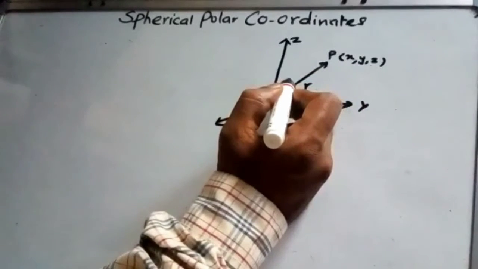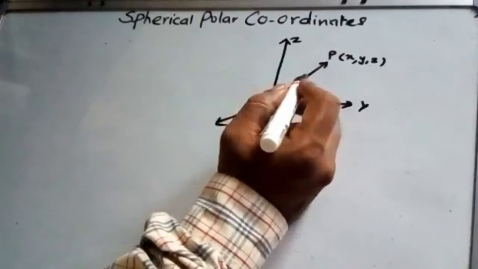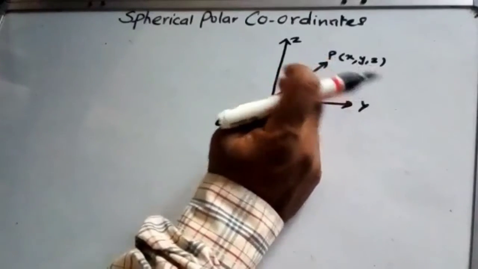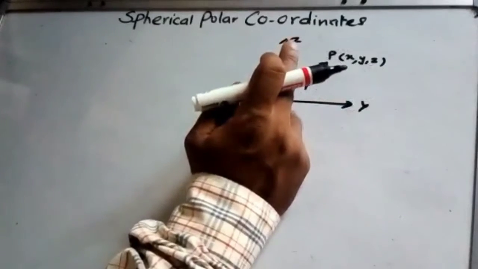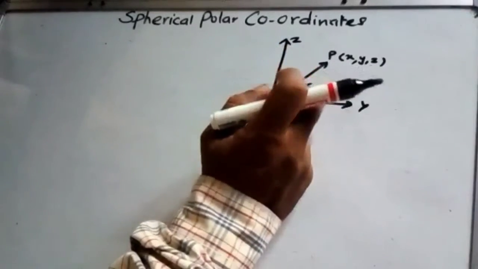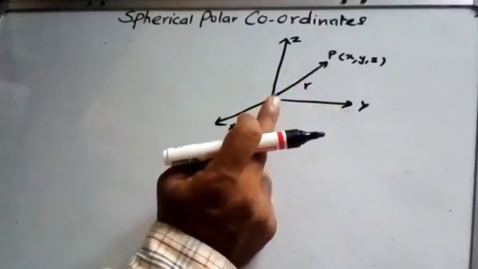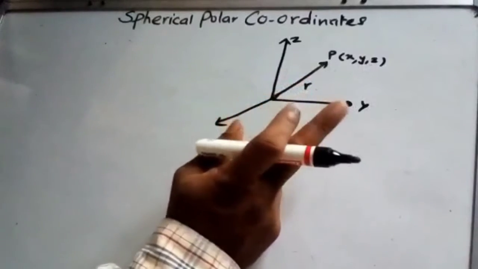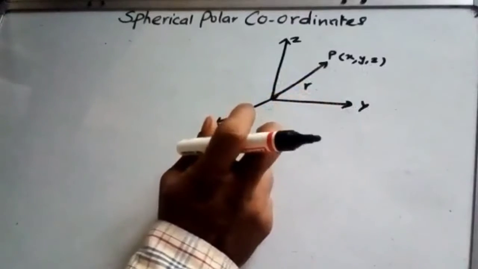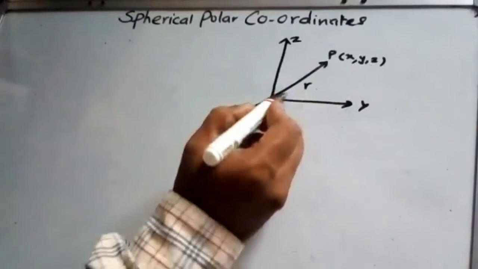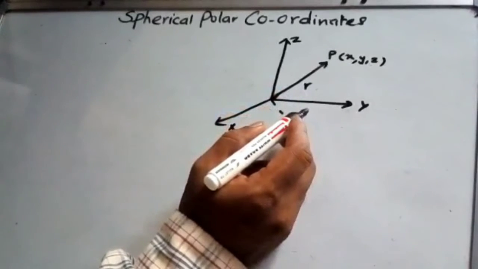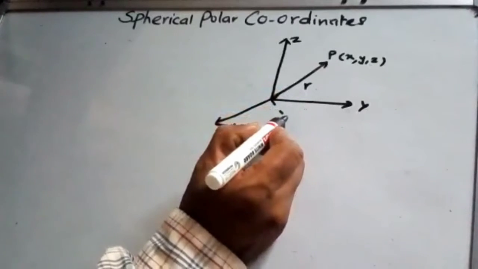So the spherical polar coordinate system consists of concentric spheres about the origin, right circular cones about the z axis with the vertices at the origin, and half planes through the z axis. And phi is the longitudinal or azimuthal angle, that is the angle between the positive x axis and the xy plane.